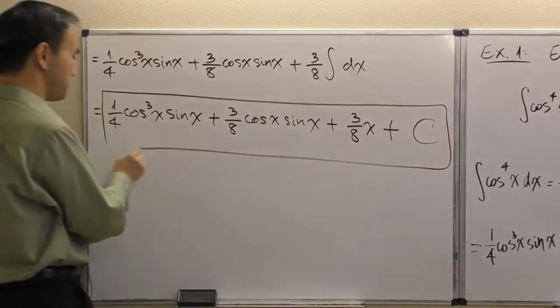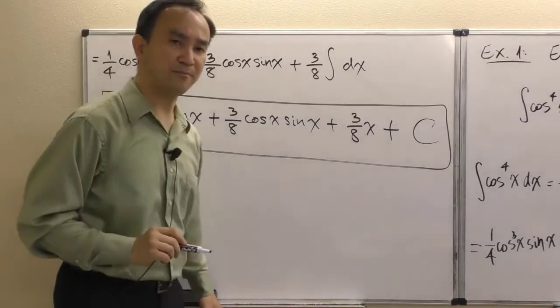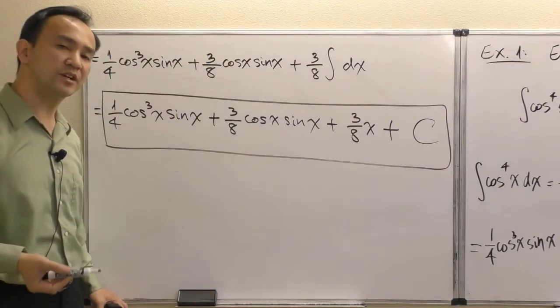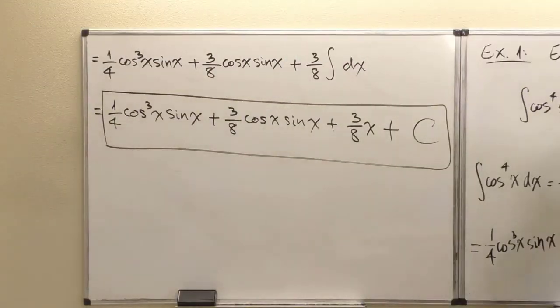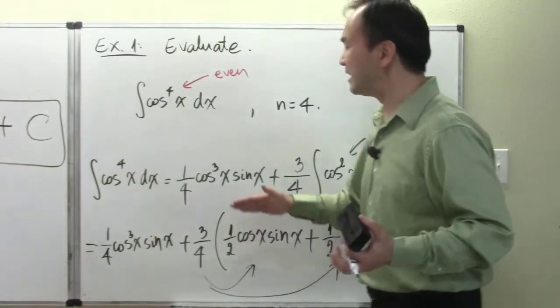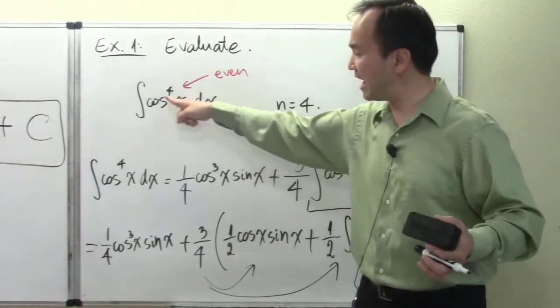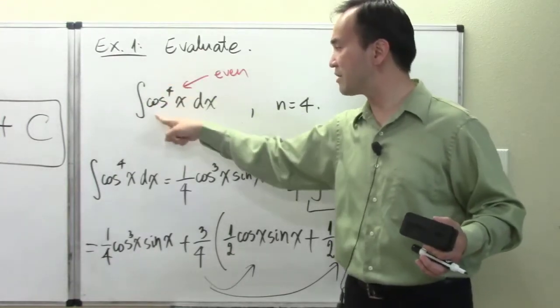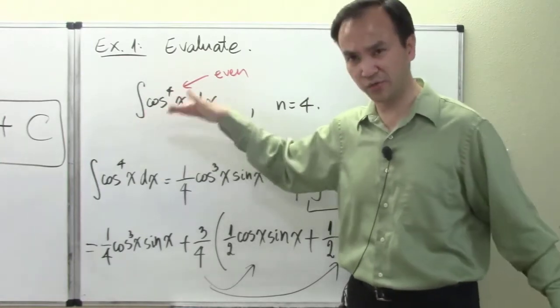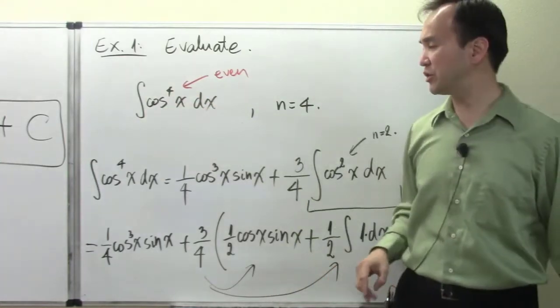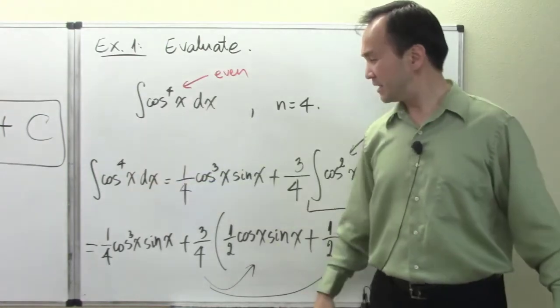So what we've learned from this example is how to use the reduction formula. Just like I said earlier, anytime we have an integral problem where we're integrating a power of either sine or cosine, you can always use the reduction formula.